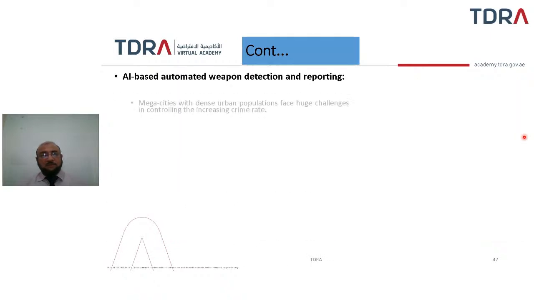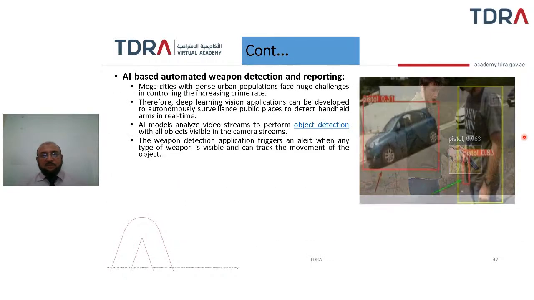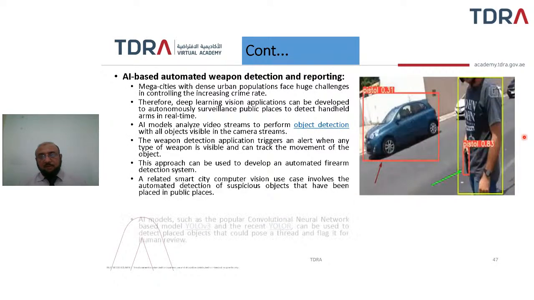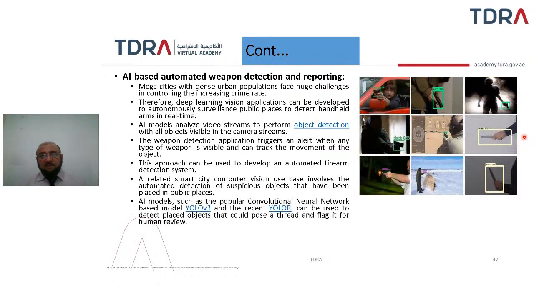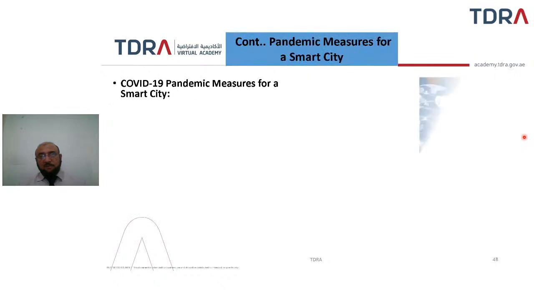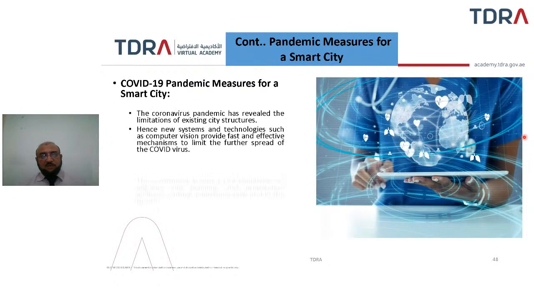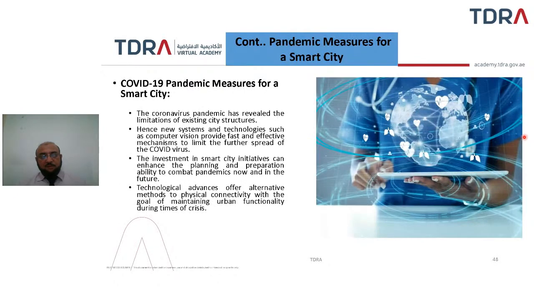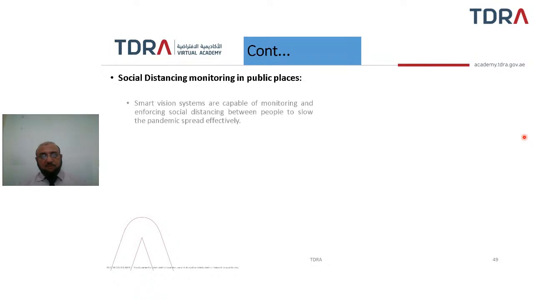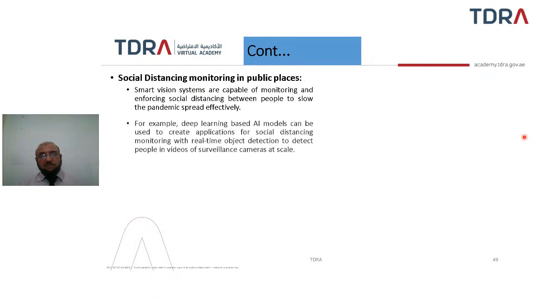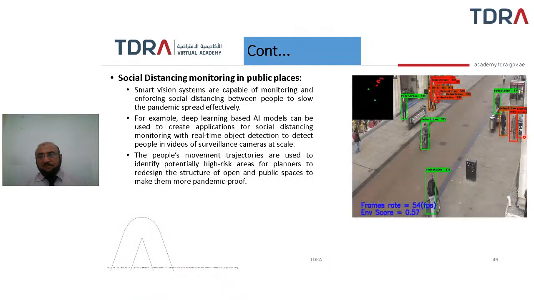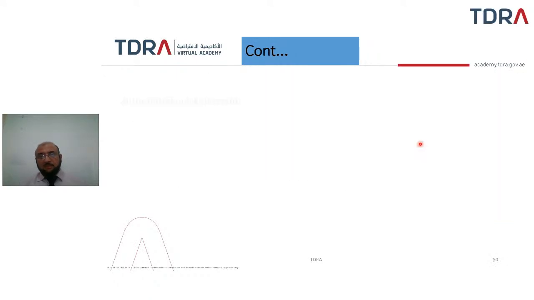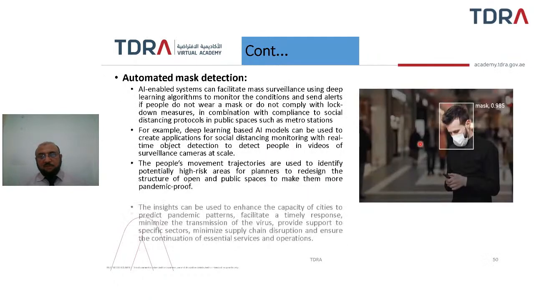Then we have AI-based automated weapon detection, where deep learning is used. Then we have COVID-19 pandemic measures. You can use deep learning for social distancing between people in public places, as you can see in the picture. Then we have automated mask detection.